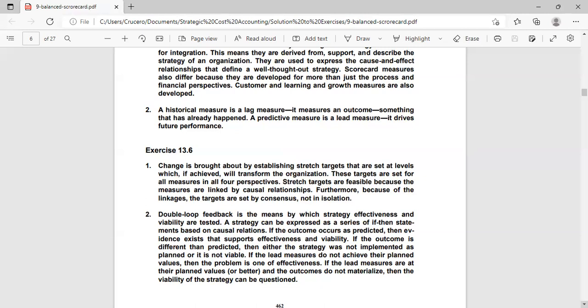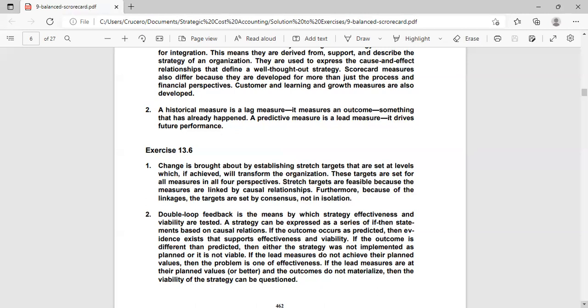So we have now stretch targets considered to be feasible. If the outcome is different than predicted, then either the strategy was not implemented as planned or it is not viable. If the lead measures do not achieve their planned values, then the problem is one of effectiveness.